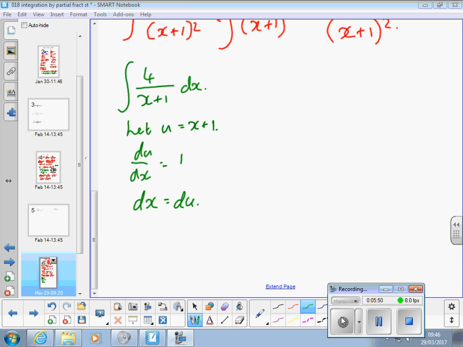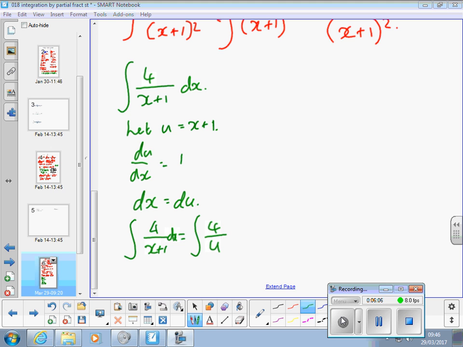Then we rewrite the integral. So we say 4 over x plus 1 is equal to 4 over u, and that's dx.